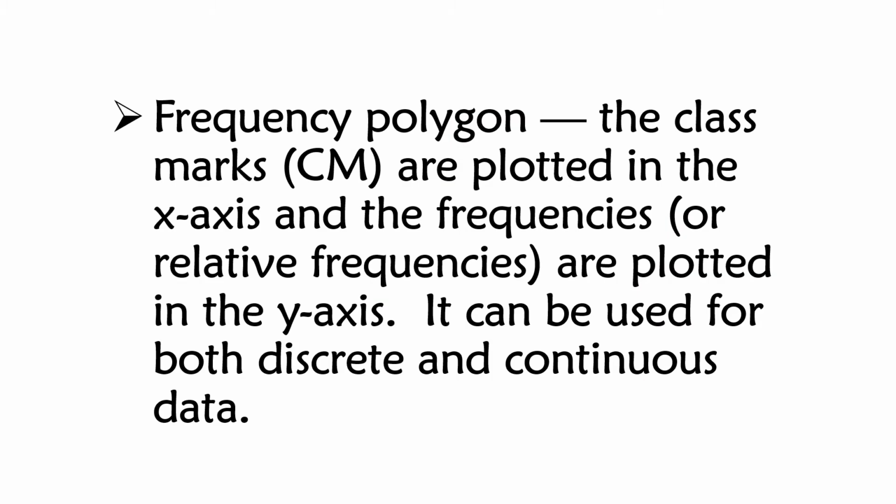The last but not the least, the frequency polygon. The class marks or CMs are plotted in the x-axis and the frequencies or relative frequencies are plotted in the y-axis. It can be used for both discrete and continuous data.